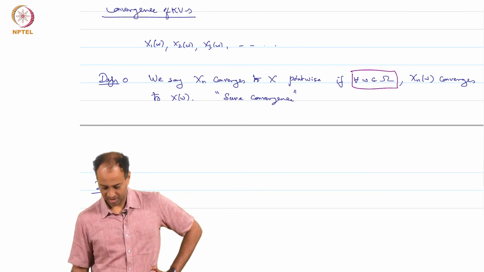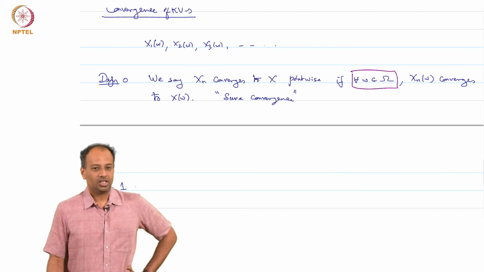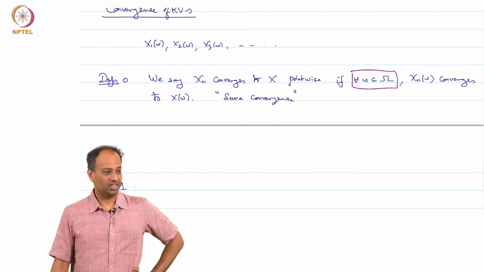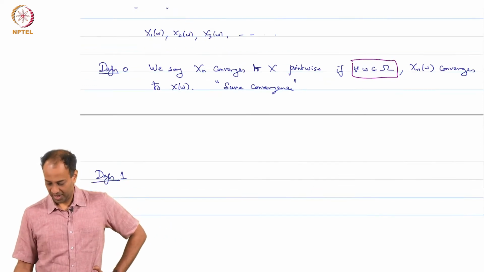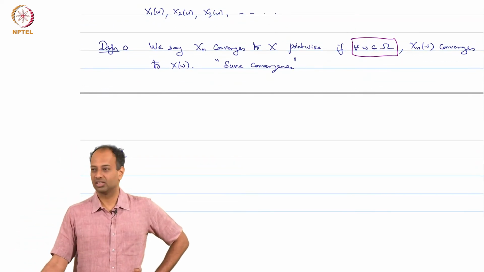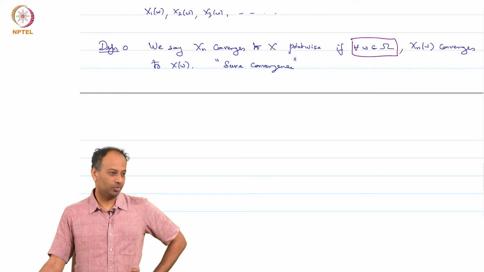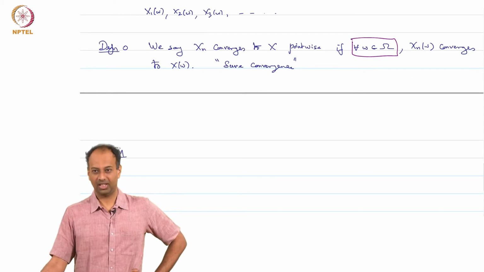So, the definition which is more useful is what is known as convergence almost surely, meaning that you exempt some little omegas where x n of omega may not converge to x of omega. You exempt some little omegas, those which have probability 0.